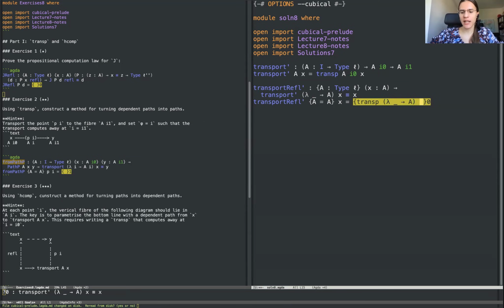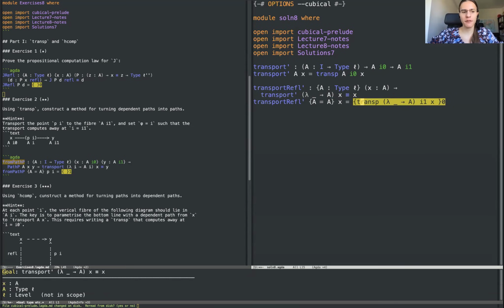And we're going to transport with some varphi, and we're going to transport x. Now, if varphi is i0, then we're happy because that normalizes to just the left endpoint, transport prime in the constant family of x. If varphi is i1, then this transport is constant definitionally, and that just goes to x.